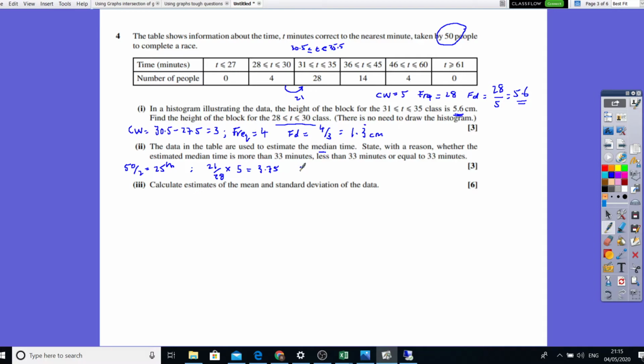So therefore, the median is going to be 30.5 add 3.75, which is going to give me 34.25, which means it's going to be more than 33, which implies the median is going to be more than 33.